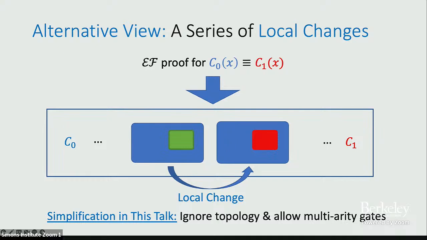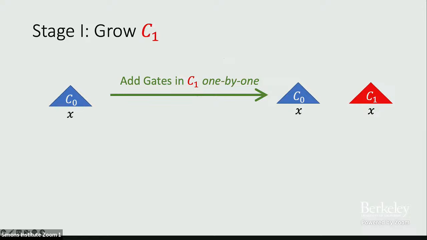So next, I'm going to describe this series of local changes. This series consists of multiple stages, and in each stage there are multiple steps. In the first stage, I'm going to grow the circuit C1 beside the circuit C0, and each time I'm going to add one gate of C1.